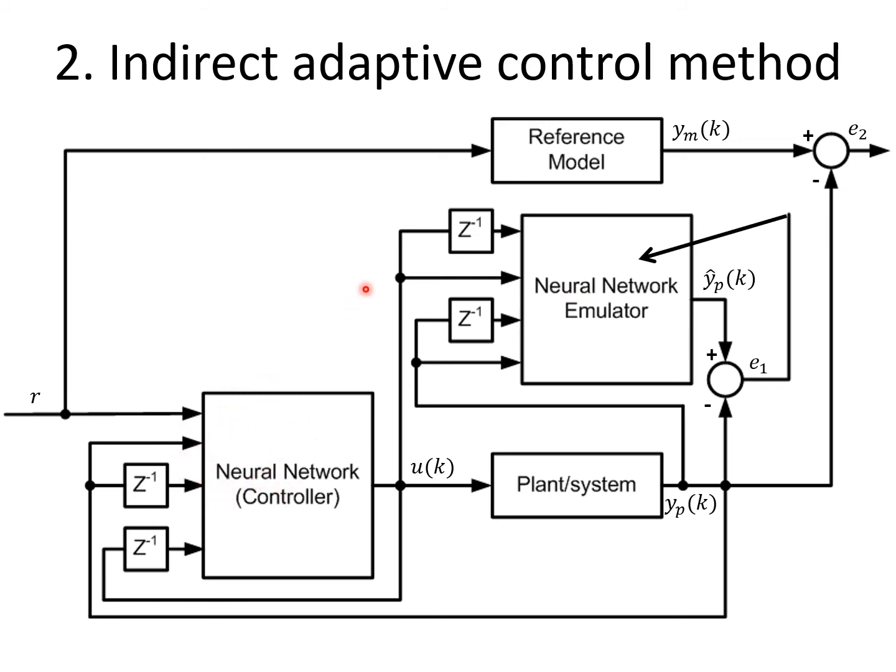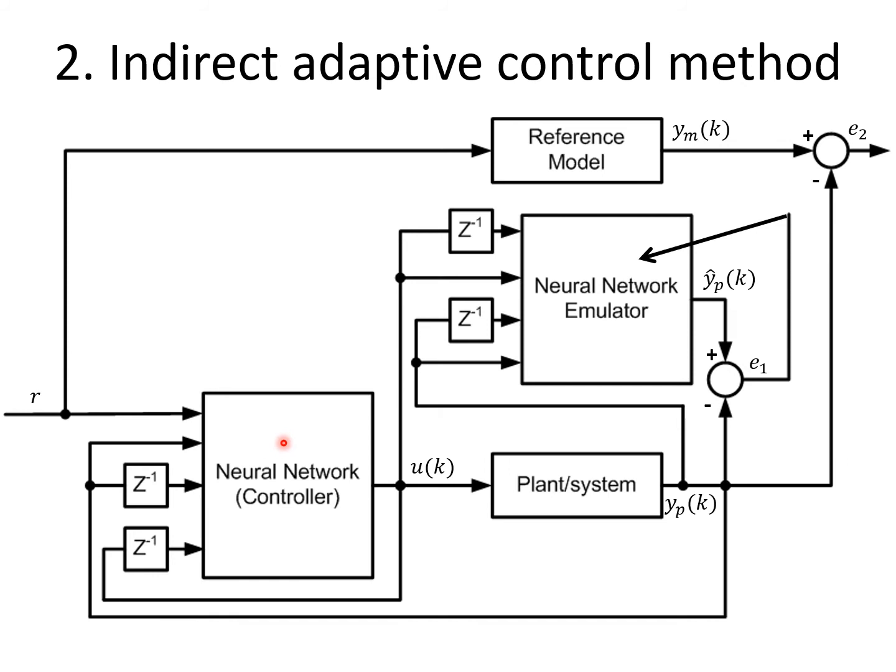But here it's called adaptive because this one is being adapted all the time. As it goes in, you adapt and keep on training the neural network and use it to check with the reference model. So it can be adapted all the time. This one can be the neural controller itself, or some other controllers can also be used here.